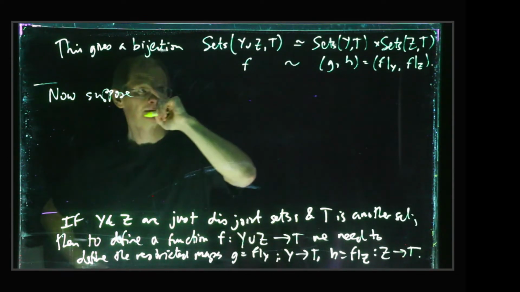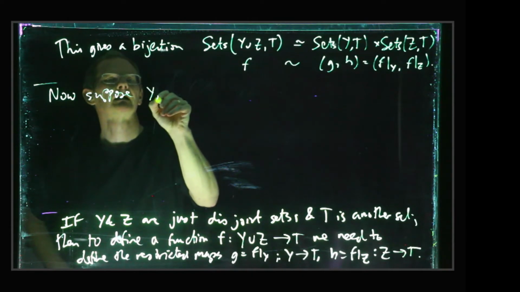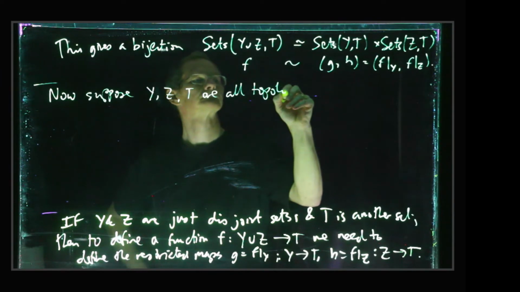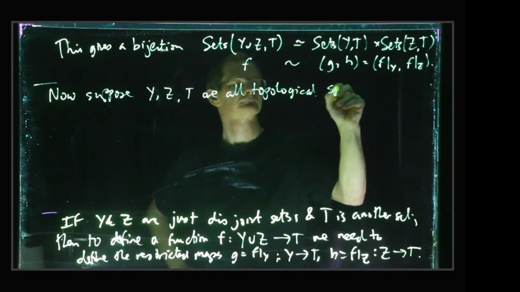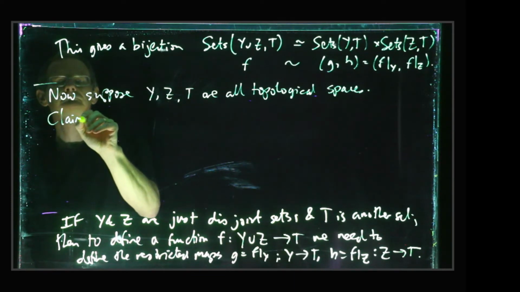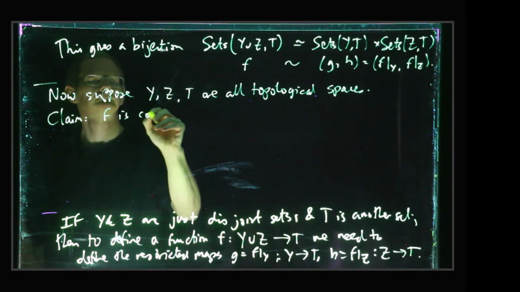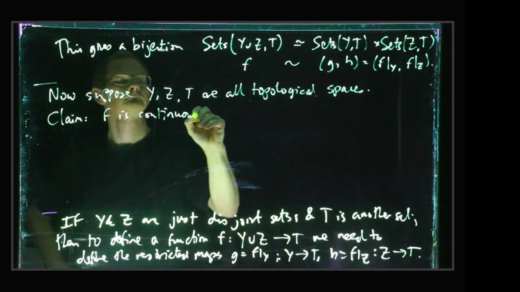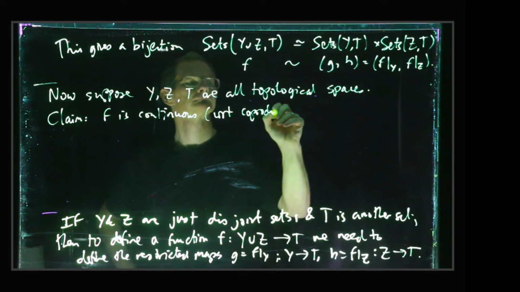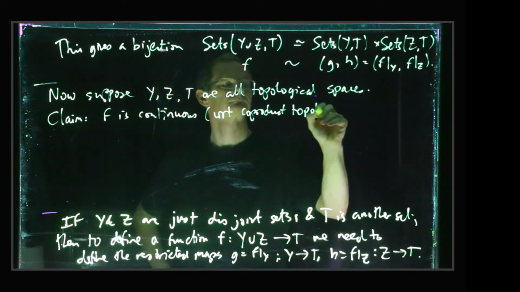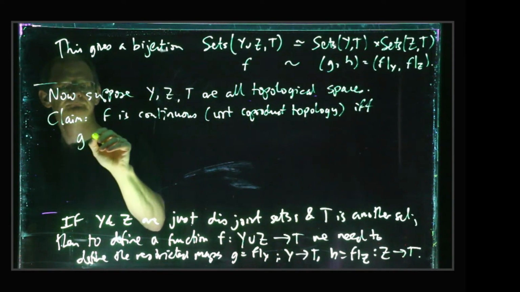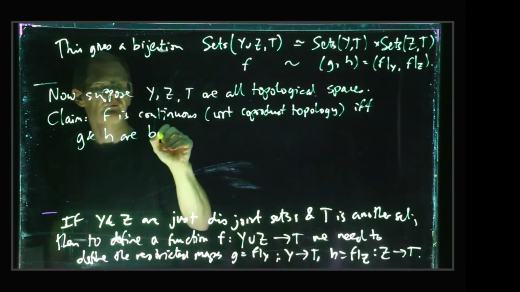Now suppose that Y, Z, T are all topological spaces. And then we're going to claim that f is continuous with respect to the coproduct topology if and only if G and H are both continuous.